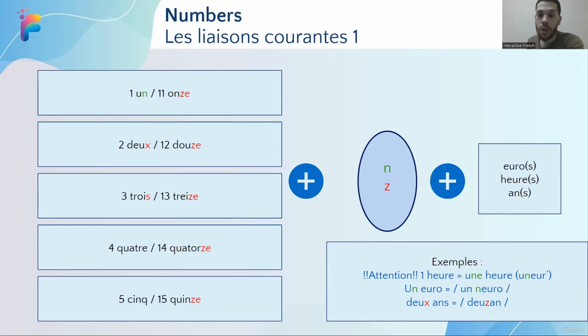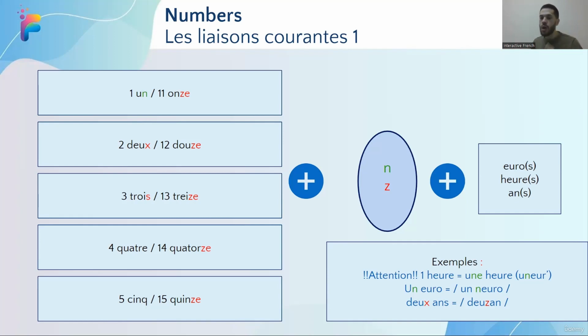So if you want to say 2 hours, you're going to say deux heures. You can hear the z sound here. If I want to say 12 years old, I would say douze ans. And if I want to say 14 hours, quatorze heures, okay? So the z sound here.